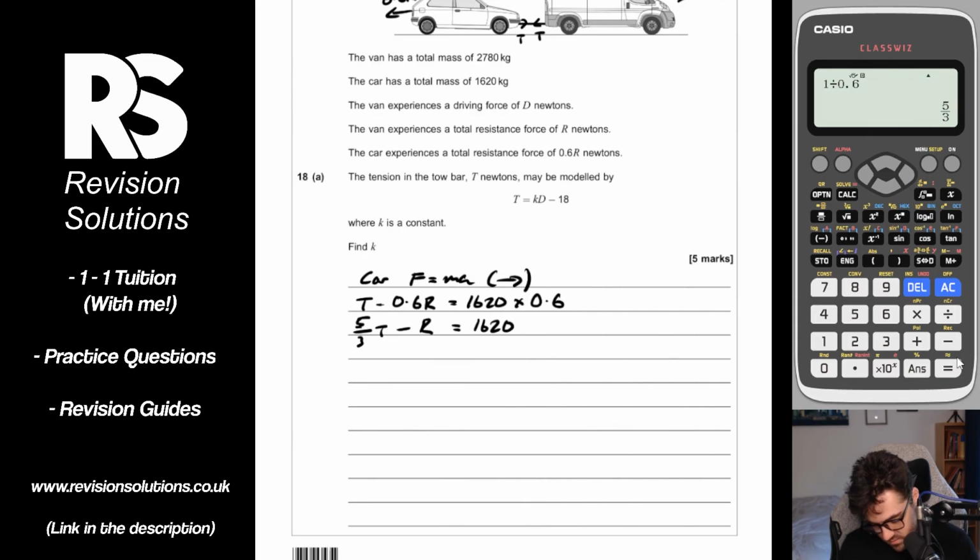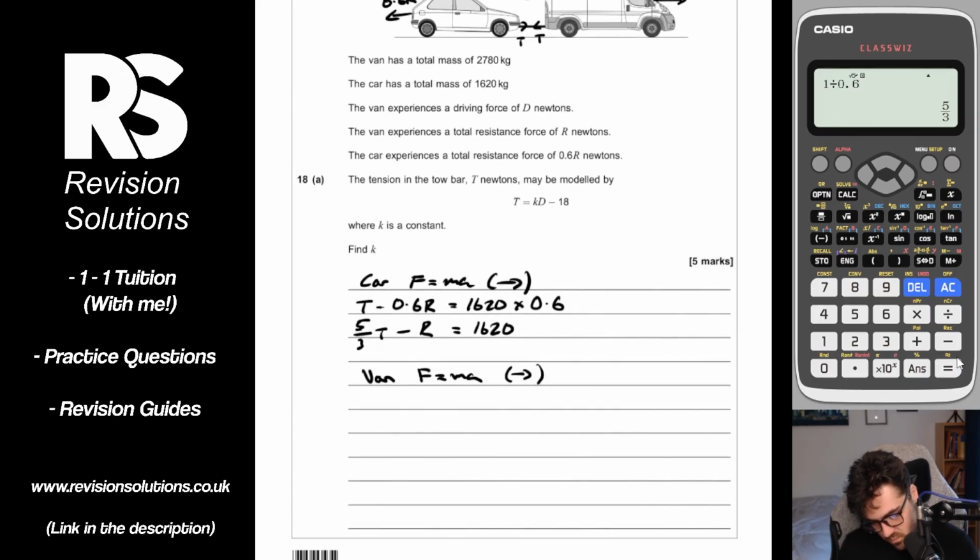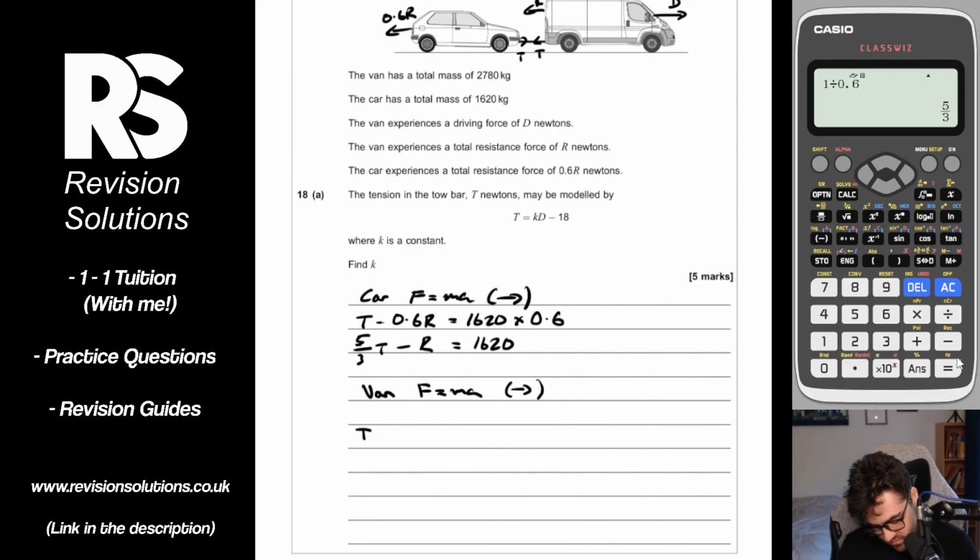Now let's do the van. So van F equals ma, also to the right. So we'd have D going to the right in the net force, and then we have to take away that reaction force and take away that tension. And that would equal the mass of the van, which is 2,780 times 0.6.